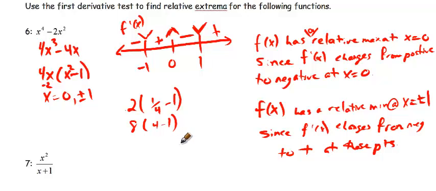One of the big mistakes people make is they start talking about increasing and decreasing. It's a tricky one because you can say that the function changes from decreasing to increasing at this point. You do not want to say that the derivative changes from decreasing to increasing. That's something else entirely. Because the derivative is negative, the function is decreasing.